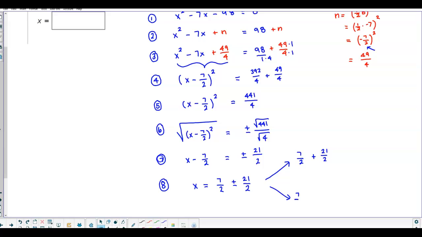And then we have 7 over 2 minus 21 over 2. Well, this is going to equal 28 over 2, which is equal to 14. This is going to equal negative 14 over 2, which is equal to negative 7. So therefore, here are our two solutions, 14 and negative 7.